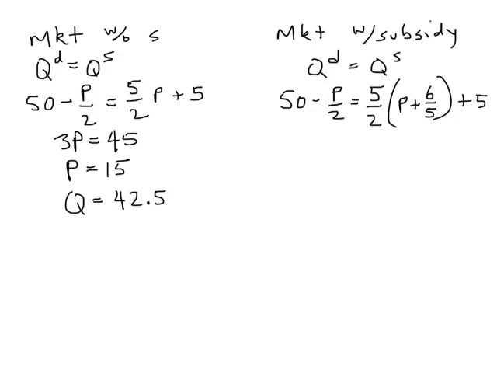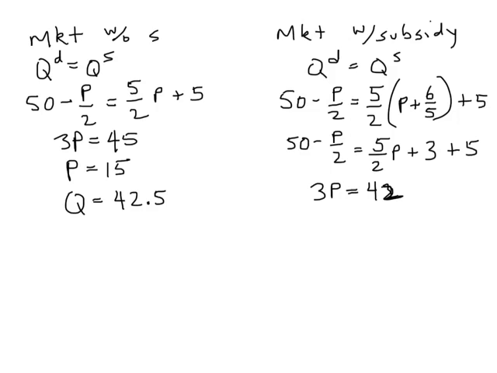So now we can solve this. Five halves times 6/5 is just 3. Now I'm going to subtract 8 from both sides and add P over 2 to both sides, and I get 3P equals 42. That's a 2. P is 14, and Q is 43.